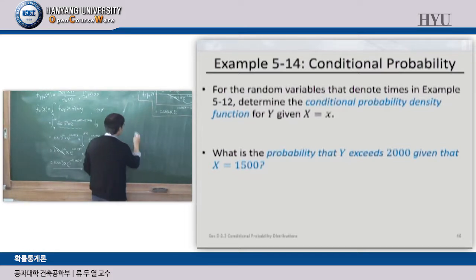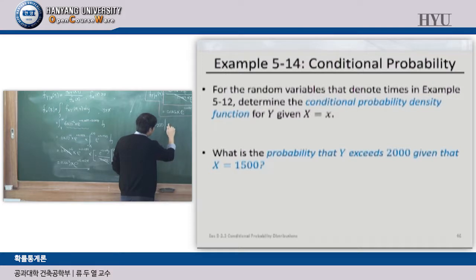For this question, it is the probability of y larger than 2000, given x is equal to 1500, okay?